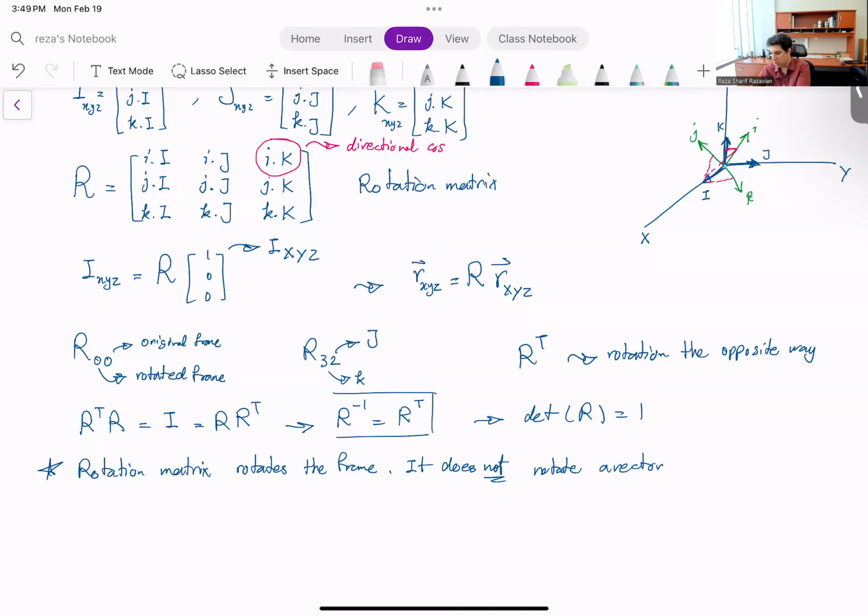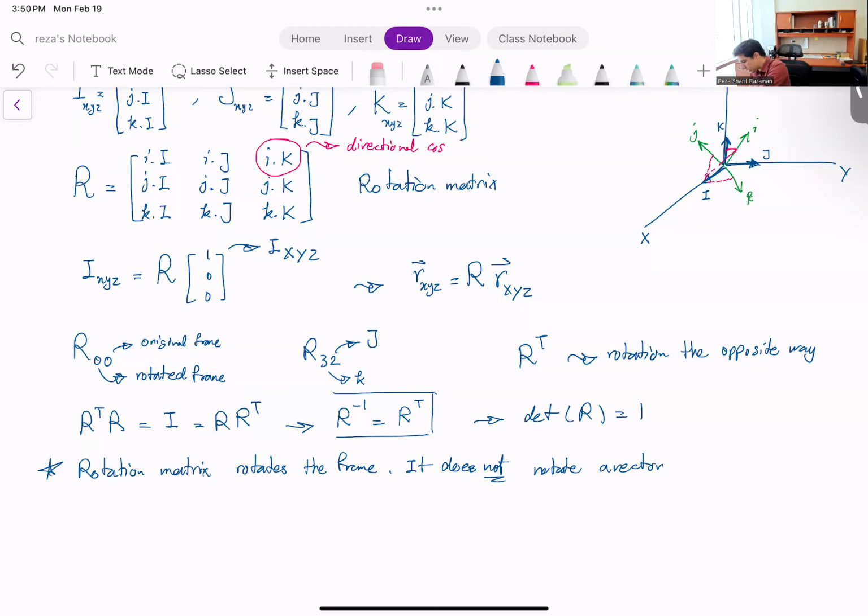To see what I mean, let's look at my frame again. This is the frame, and this is my vector. What is happening is I'm rotating the frame, looking at the same vector. I'm not rotating the vector in the same frame. In fact, rotation of the frame like this is kind of equivalent to rotating the vector the other way around with the same kind of rotation.